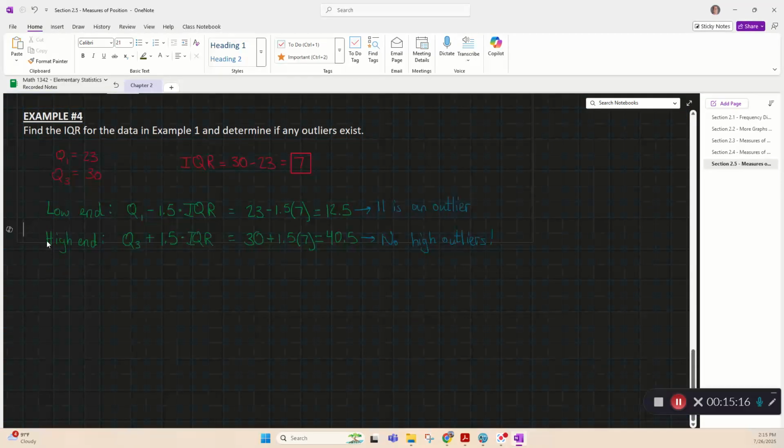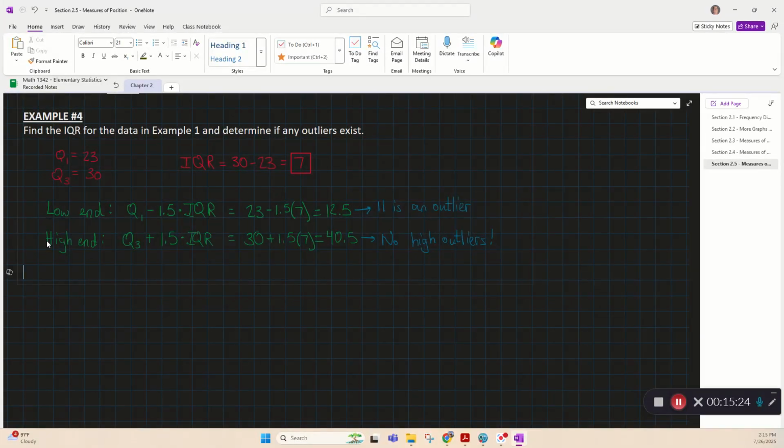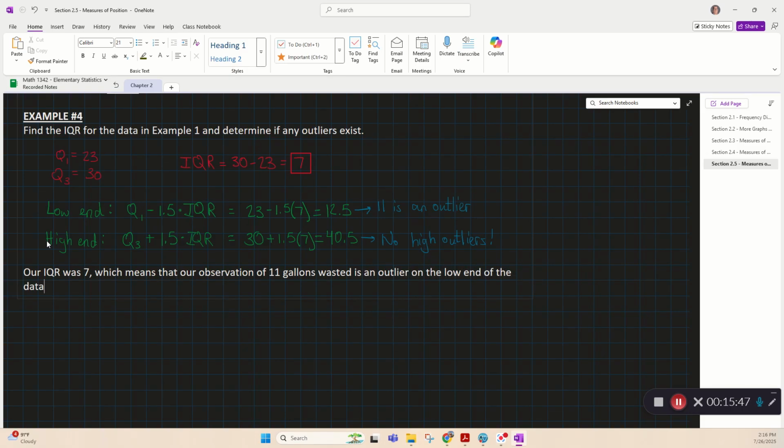Okay. So our IQR was 7, which means that our observation of 11 gallons wasted is an outlier on the low end of the data.